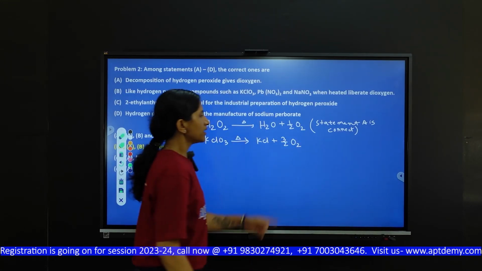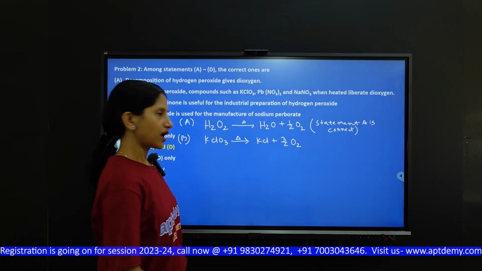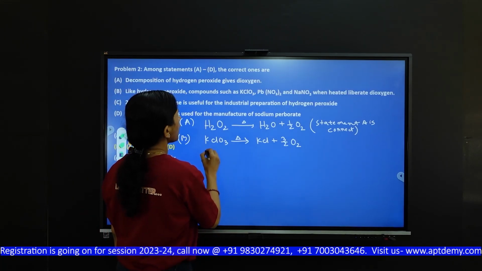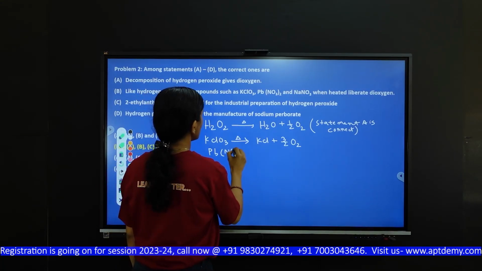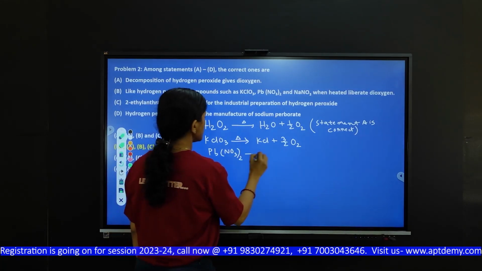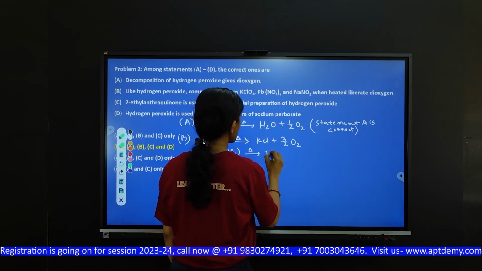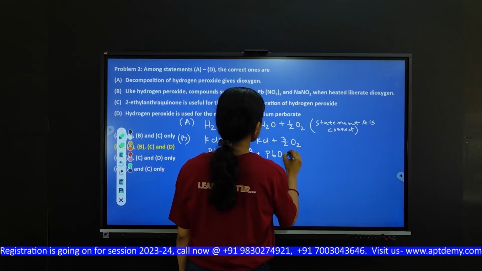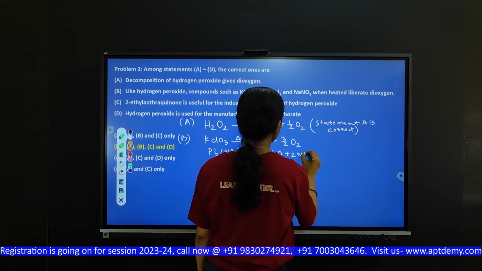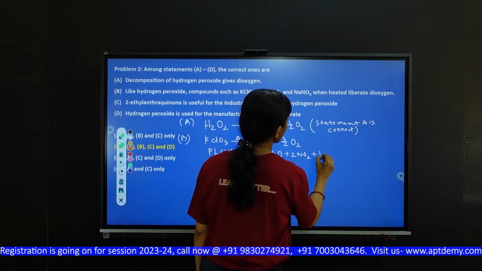So basically it generates dioxygen. Now Pb(NO3)2, when it is heated, decomposes to PbO plus 2NO2 plus half O2.